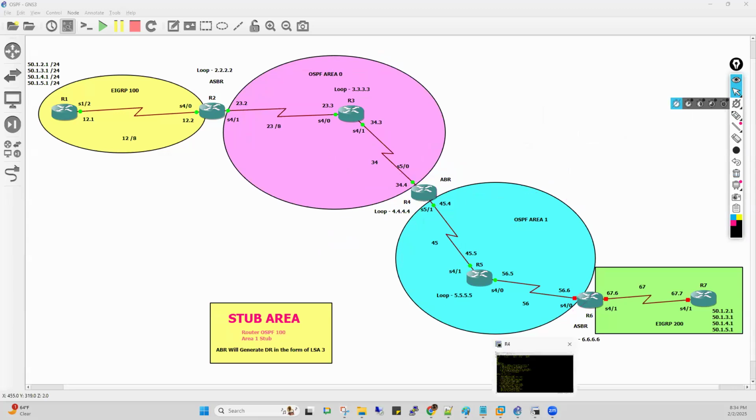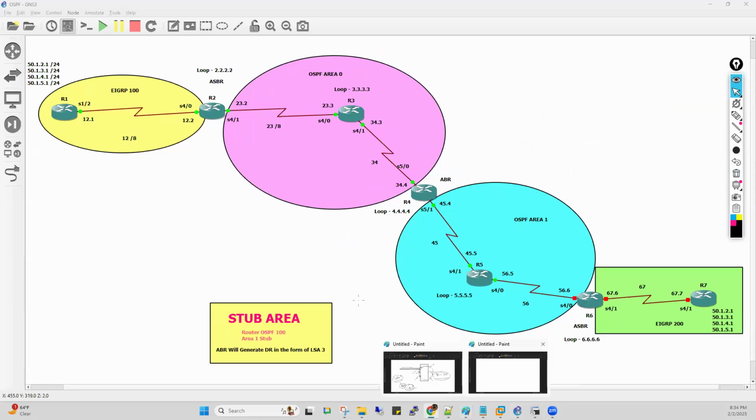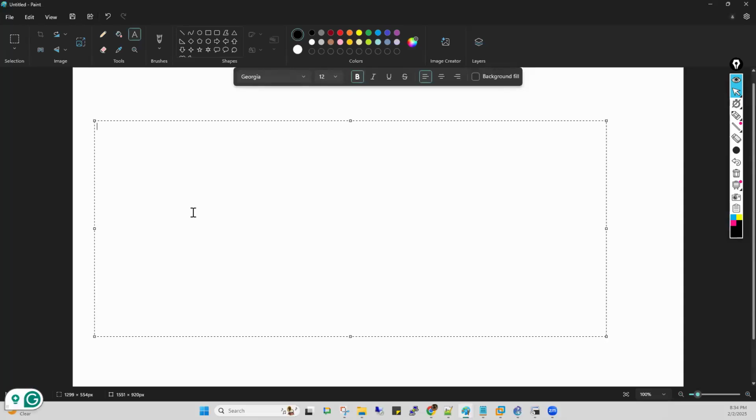How can you check? First of all, before showing you the LSA, please understand the name of each LSA.